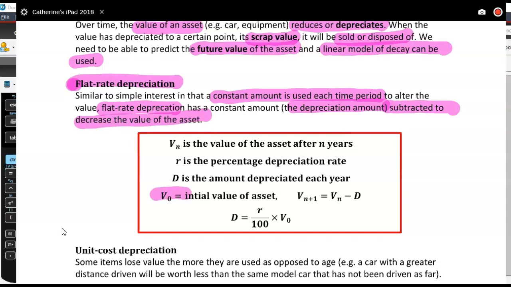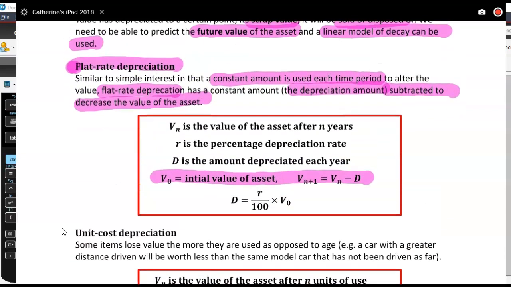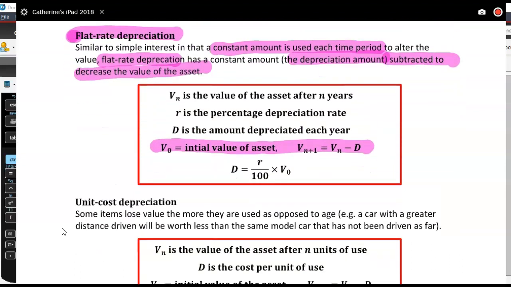So you can see here the recurrence relation looks very similar to the simple interest one. We've just taken V0 as the initial value of the asset, and now we're minusing because the value of the asset is decreasing. So that's flat rate depreciation.